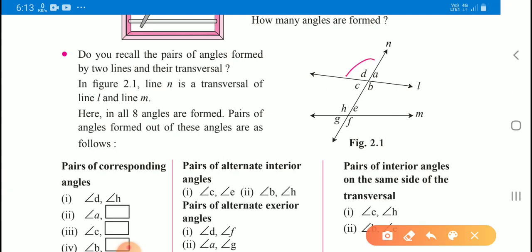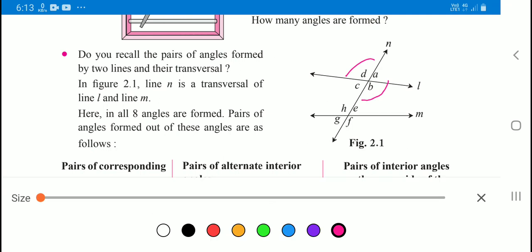Angle D and angle B, as well as angle A and angle C. Next, angle H and angle F. After that, angle E and angle G. Suppose the measure of angle B is 50 degrees. Then what is the measure of angle D? It is also 50 degrees.